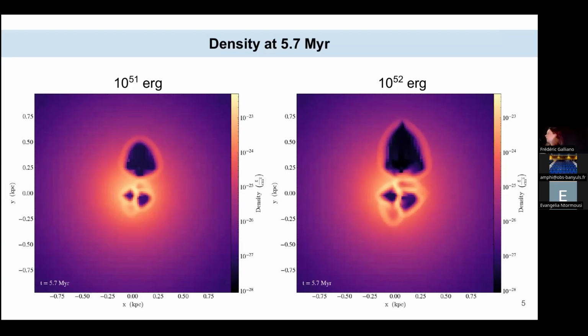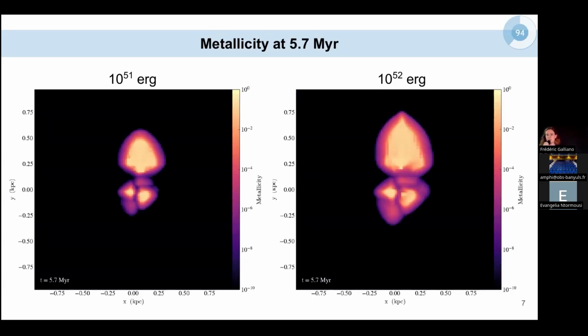These are slices of the density. At this time point, 5.7 megayears, which is the longest time we could run the 10^51 erg simulation, because it took quite long as the time steps got really small, the bubble on the top is actually a bit larger than the bubble for the lower energy case.